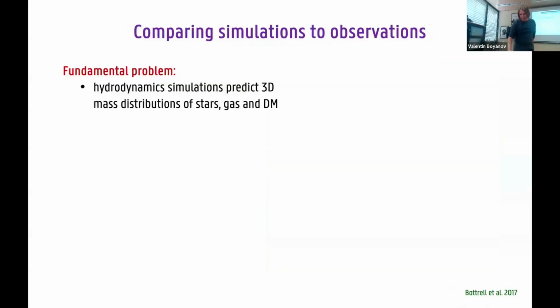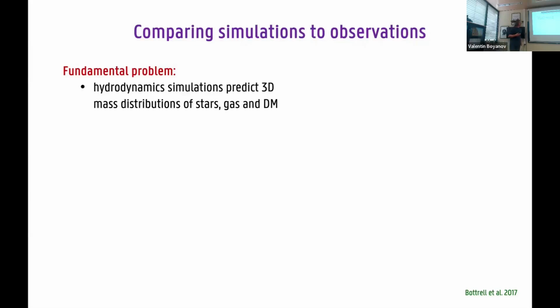Now, so what do we do? Well, there's a fundamental problem if you have a cosmological simulation, because what you end up with is a list of particles or cells in 3D with given masses, temperatures, metallicities, ages, and so on.